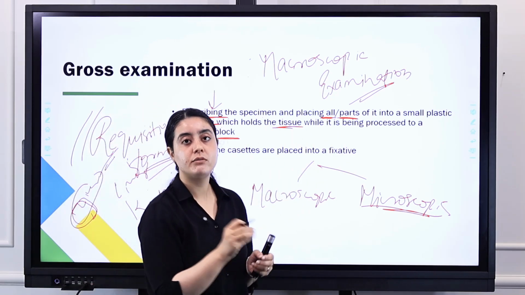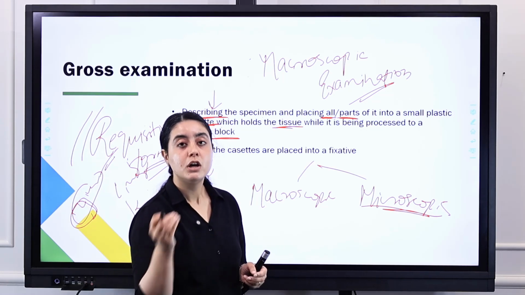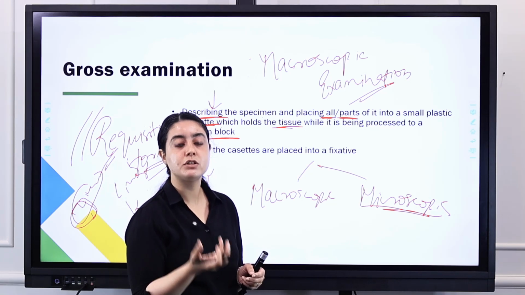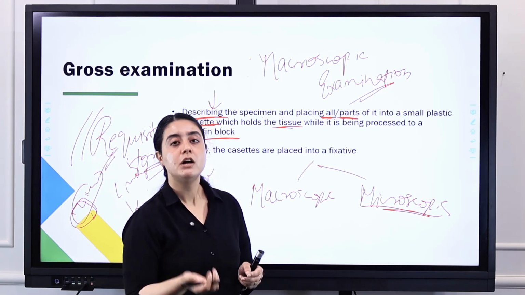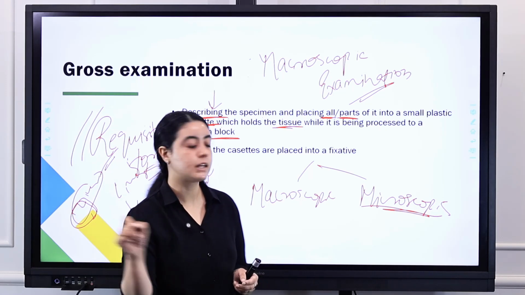When we are processing our tissue into a paraffin block, during that procedure we have to take something which holds the tissue all this time. So we have a plastic cassette to hold the tissue during our paraffin block making, right?